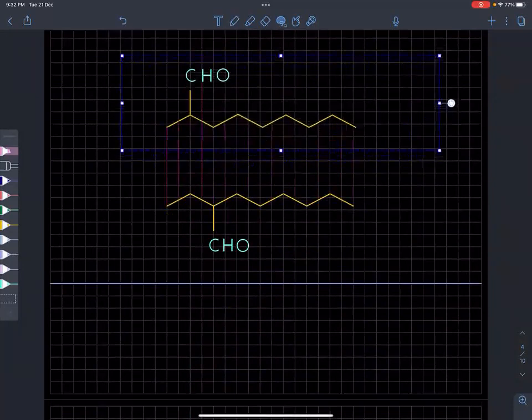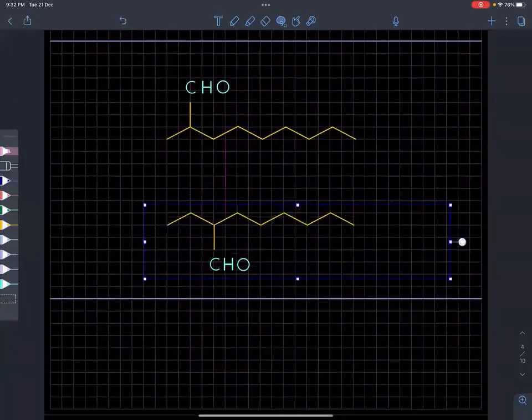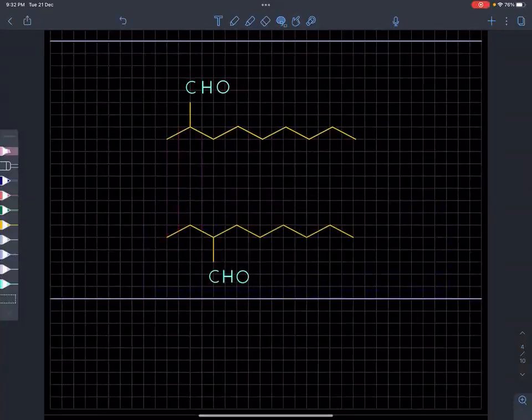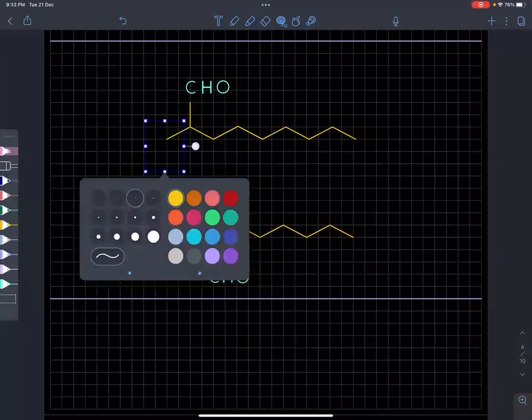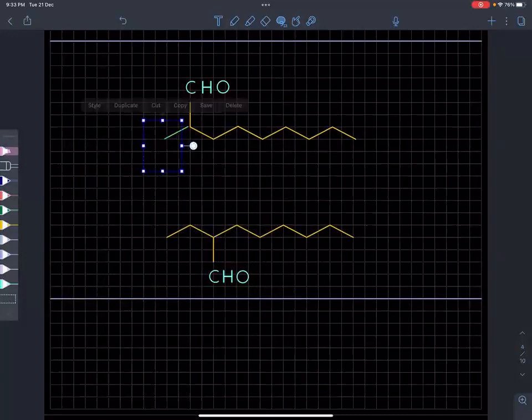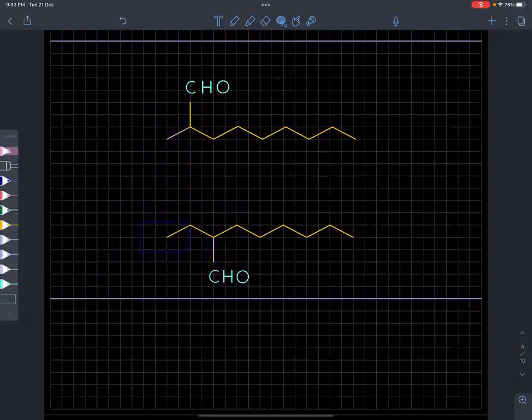Be careful because the chain starts at the carbonyl carbon in aldehydes. So one is a longer chain and one is a shorter chain. Now, if you see carefully, this is the substituent here. I'll put it in a different pink color. This is the substituent here. Here, this is the substituent.